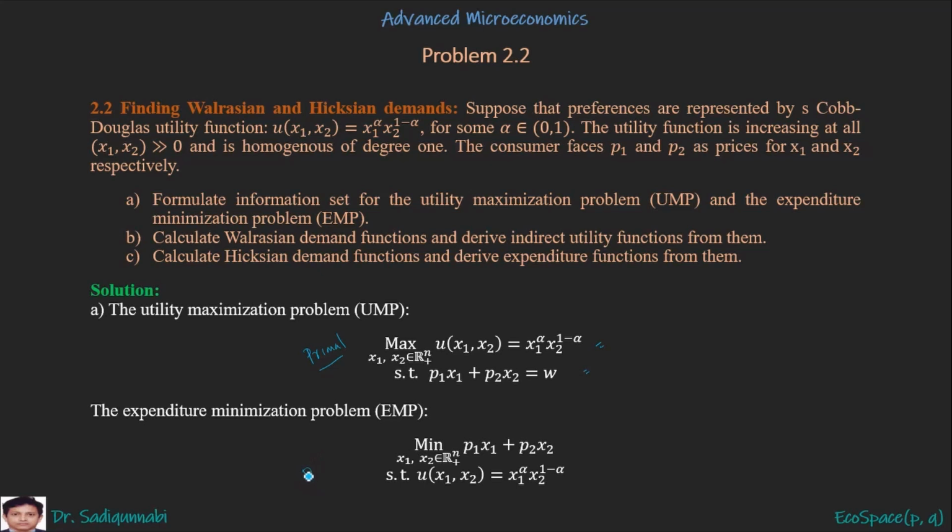So if one is a maximum function, the dual should be a minimum function, and now in the minimum function, we minimize the budget line subject to the utility function.